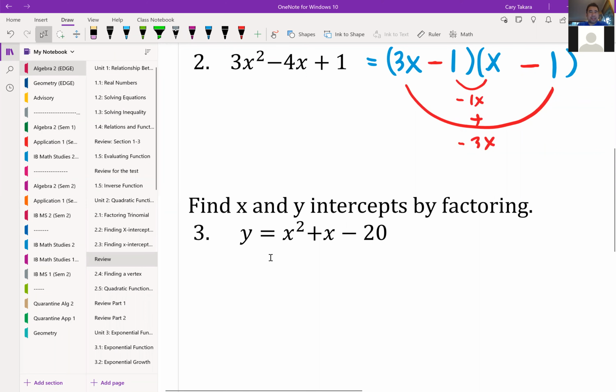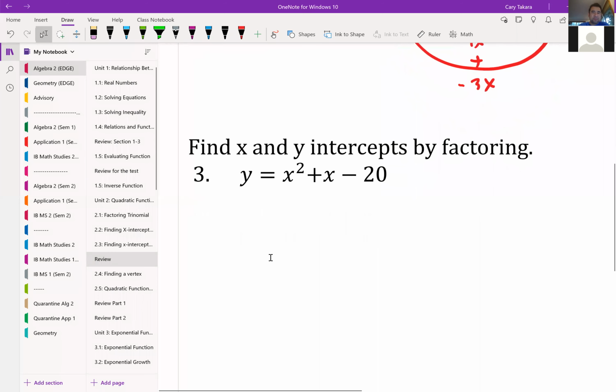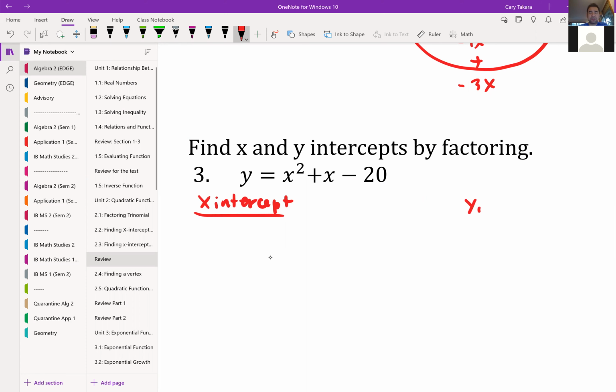All right, number 3. I want you to find the x and y intercept by using factoring, okay? Let's find the x-intercept first, and then the y-intercept over here.